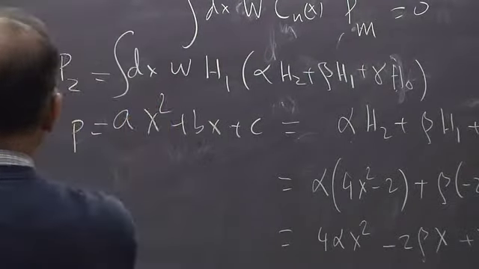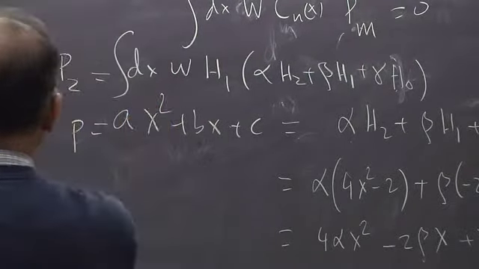Because this polynomial, which has maximum power x to the m, I can always write as a linear combination of Ck with some coefficients lambda k, where k goes from 0 up to m. Because the maximum power is x to the m, you will not get things which have higher powers. If you consider k greater than m, that will involve x to the m plus 1 and so on, but the left hand side doesn't contain that.